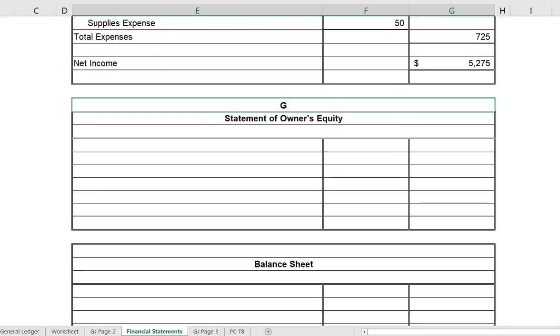So that's Gloria's Cleaning Service. And it is for the month ended August 31, 2020. All right, so now we don't use the subtotal column in the owner's equity statement. Everything is in one column.